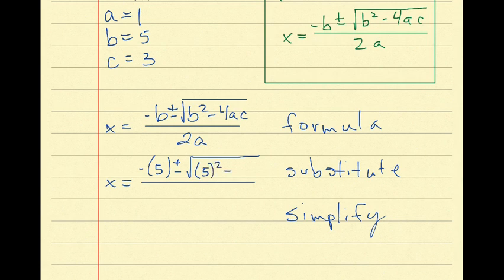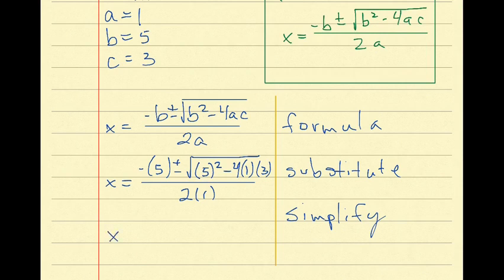There's my b, here's my a, and here's my c. I'm going to make a nice vertical line that will help us understand where things are. Continuing, all over 2a.